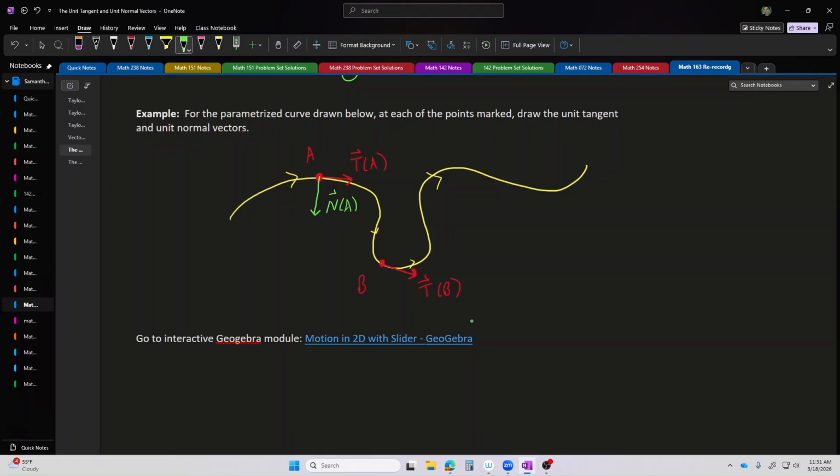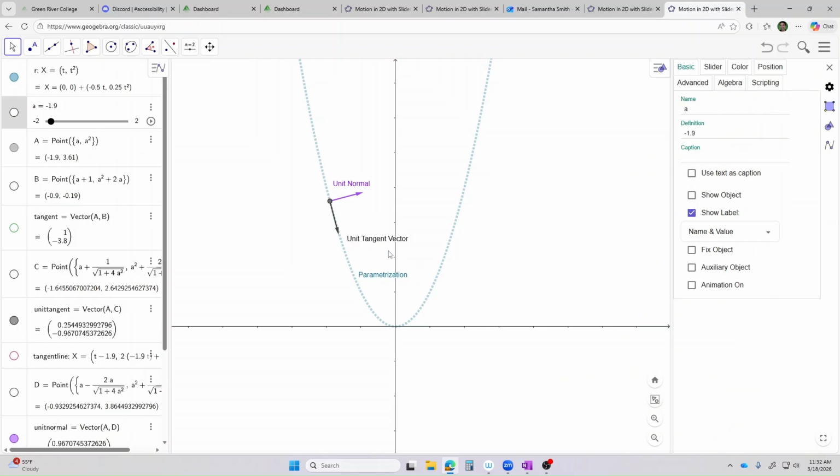That would be the unit tangent vector at the point B. If I wanted to draw the unit normal vector at that same location, I would observe that at that instant the curve is beginning to bend toward the positive y direction. So I would draw the normal vector in the positive y direction, perpendicular to the unit tangent vector at that instant. Let me once again demonstrate this situation on GeoGebra.